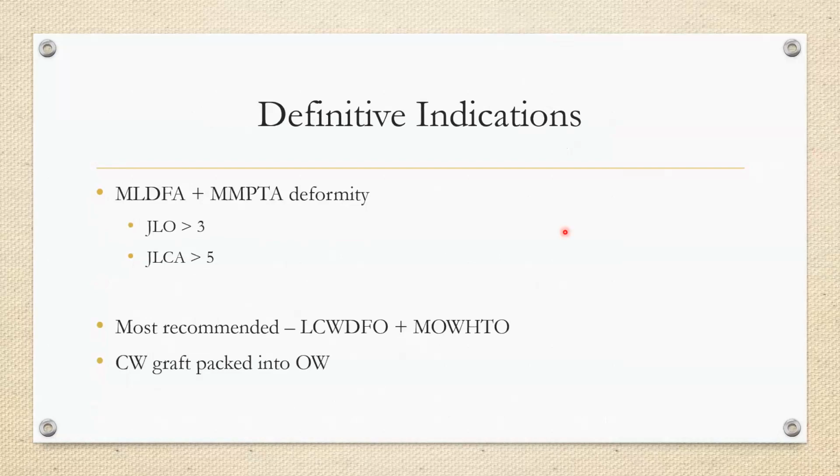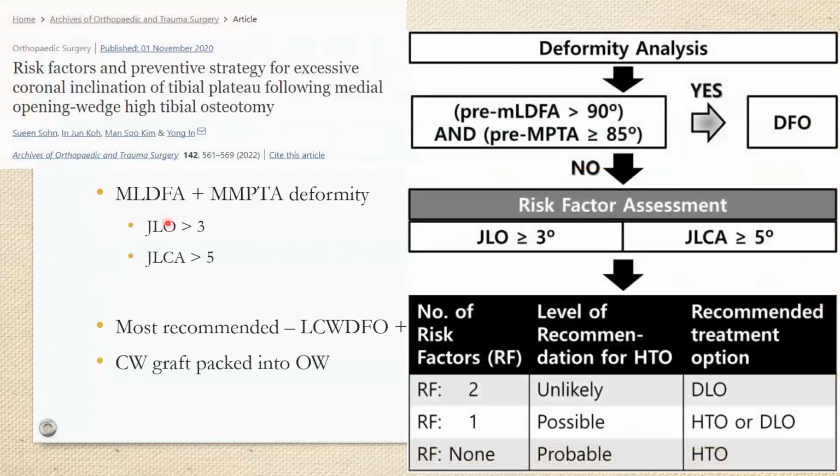So the most definite indication for a double level osteotomy is a deformity in the LDFA plus the MPTA, plus a pre-op joint line obliquity of greater than 3 and a joint line convergence angle of greater than 5.